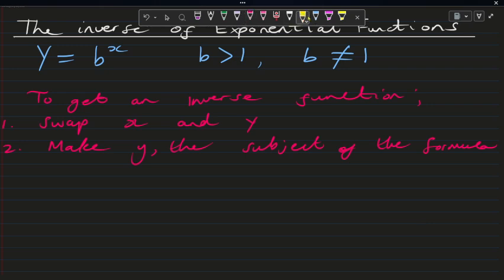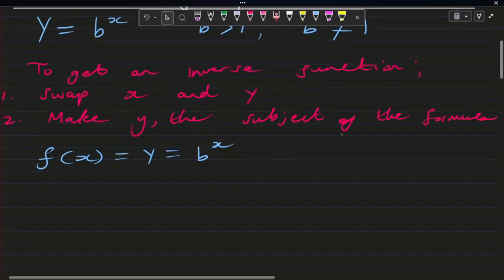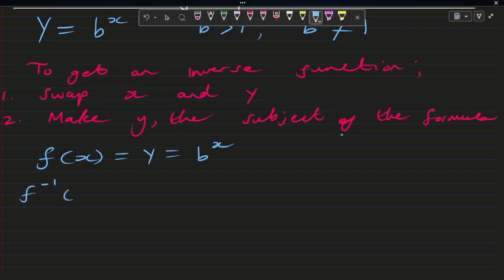Let's determine the inverse of y is equal to b to the power of x. So we have f of x, which is equal to y, which is equal to b to the power of x. Now if we are looking to obtain the inverse, f to the negative 1 of x, this is how we denote the inverse function in functional notation.